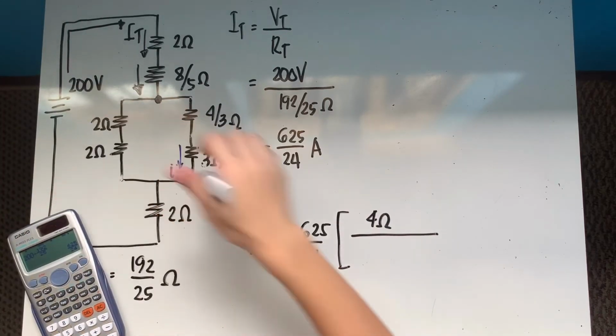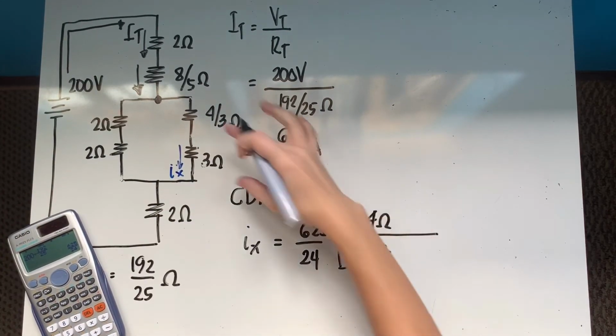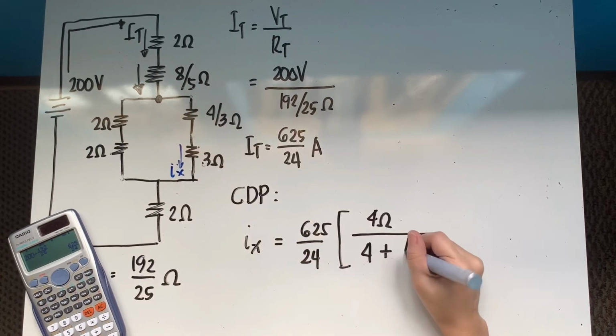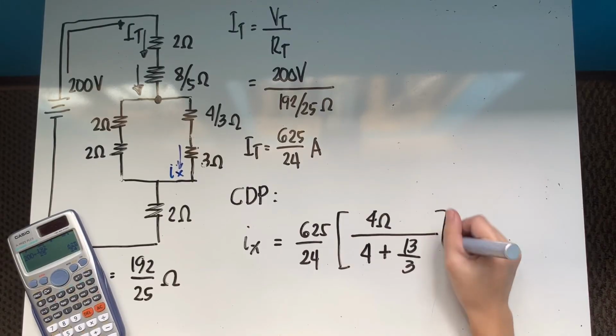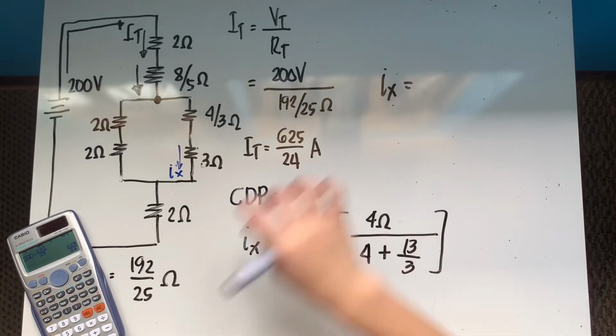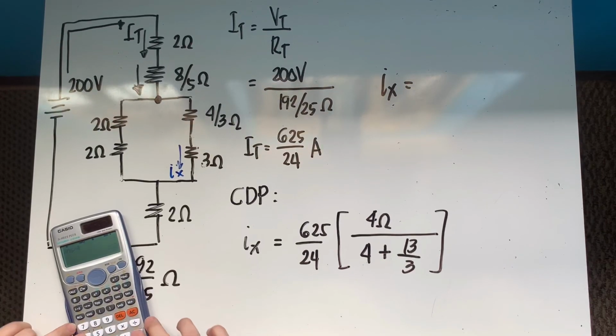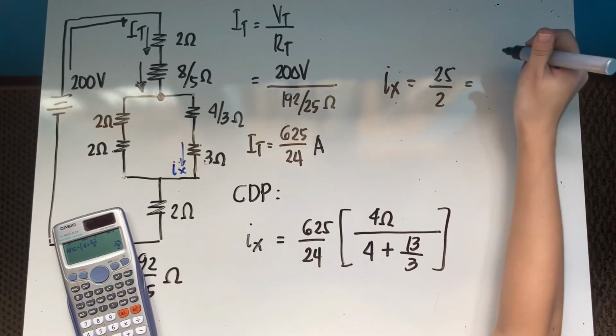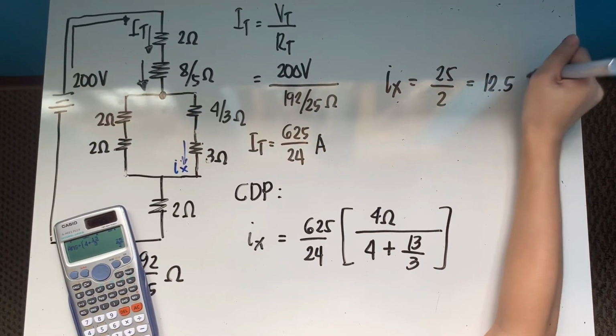So, you have 4 here plus, yung branch na to, ang equivalent resistance nito ay 13 over 3. Pressing that in your calculator, you'll get Ix, which is equivalent to 2 times 4 divided by 4 plus 13 over 3. We get 25 over 2 or 12.5 amperes.